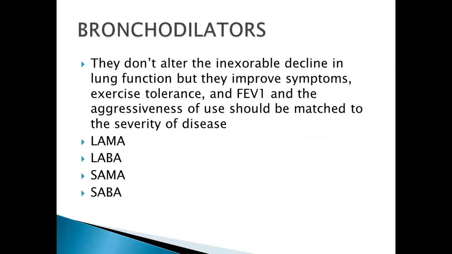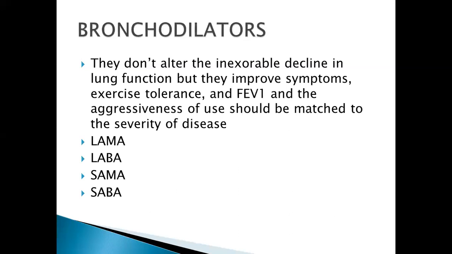And so one of the other main stages of the management of COPD is the use of bronchodilators. As we see, we can either use the long-acting muscarinic antagonist or the long-acting beta-2 agonist. You can also use the short-acting ones, the SAMA and then the SABA. And as we saw, they are basically used in the management of acute exacerbations.